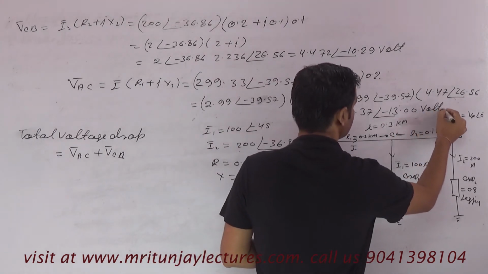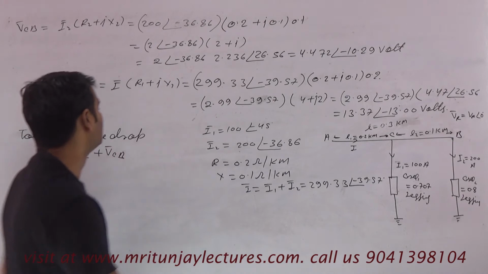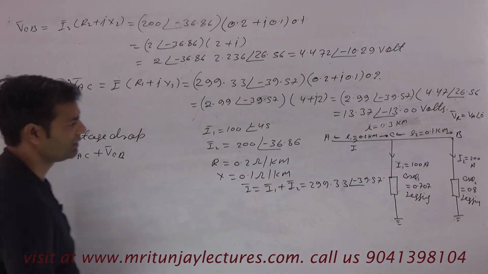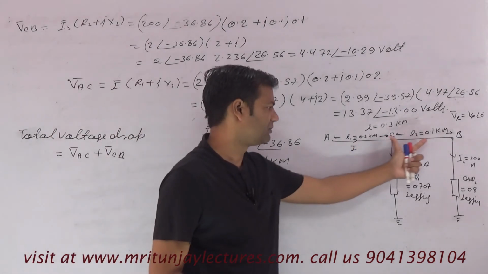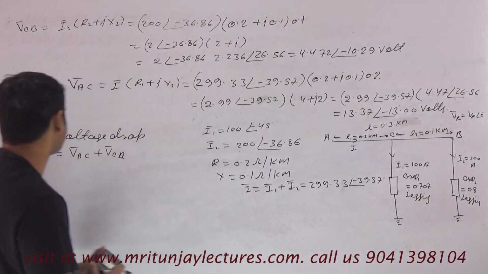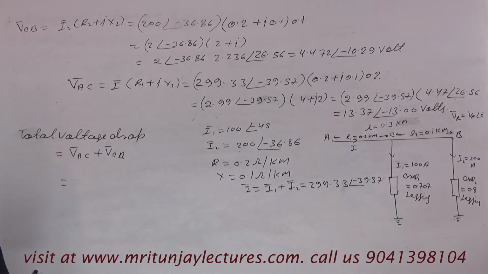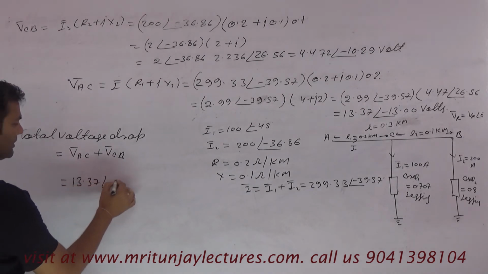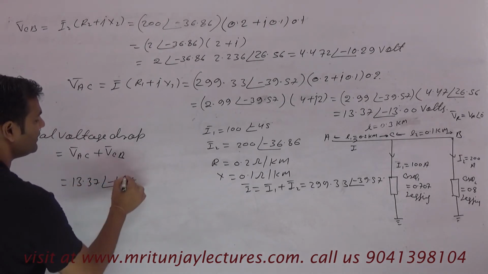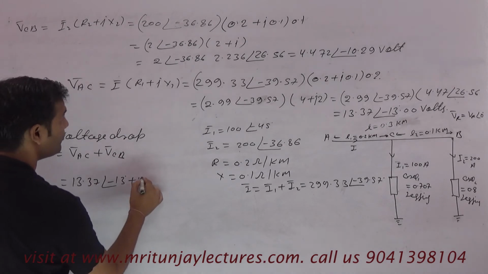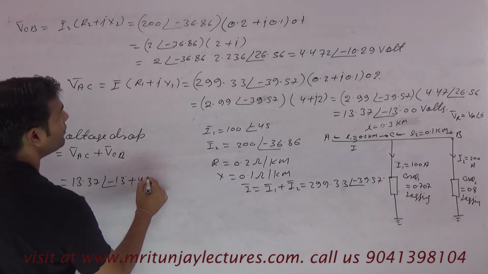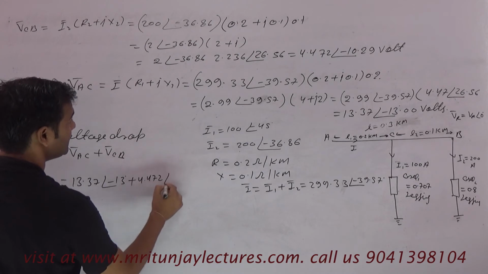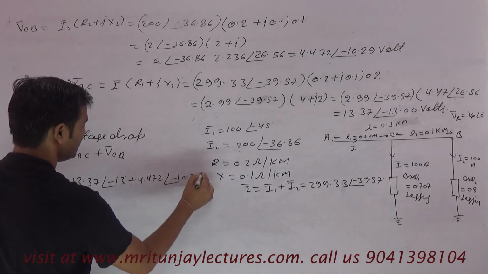Okay, so voltage drop across distributor, this one plus this one, simply V of AC, that is 13.37 at the angle minus 13 degree, and this one is 4.472 at the angle minus 10.29 degree.